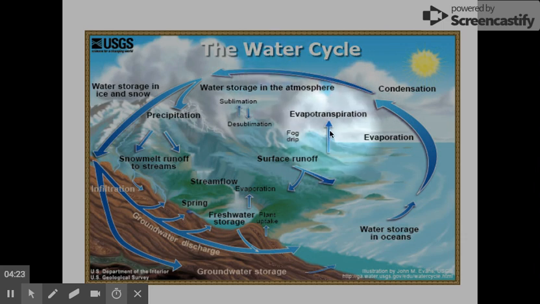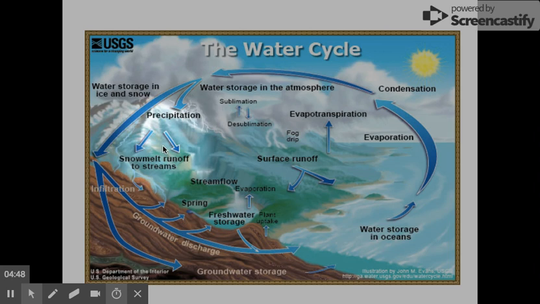Right next door, you see the term evapotranspiration, and that's another way of saying transpiration, where water evaporates through the leaves of plants. In either case, water vapor goes up into the atmosphere and will cool off and begin to condense and form clouds. When those clouds become too heavy and the conditions are right, water will fall back down to earth as precipitation: rain, sleet, snow, or hail.